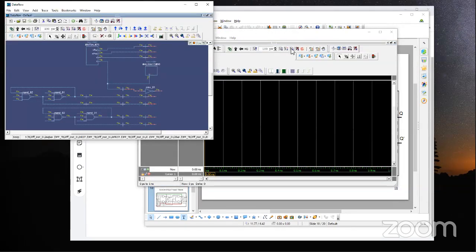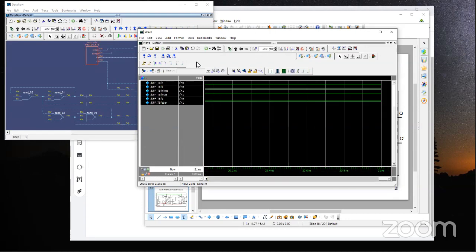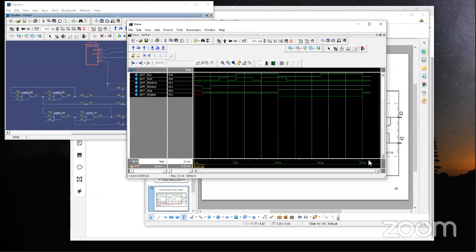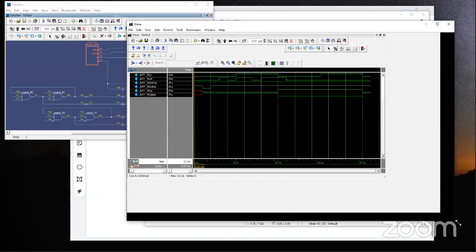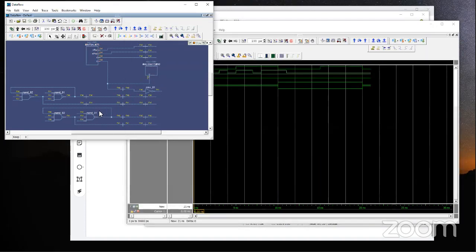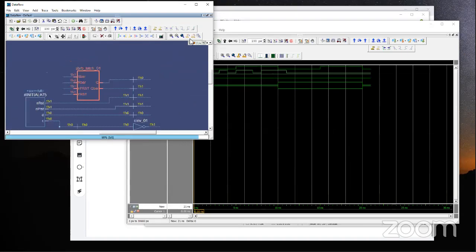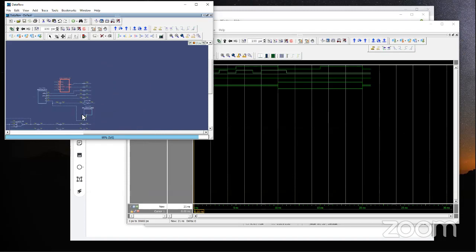Okay, so we can run all. And what I want to show you is a folded view of this. How can we do that?